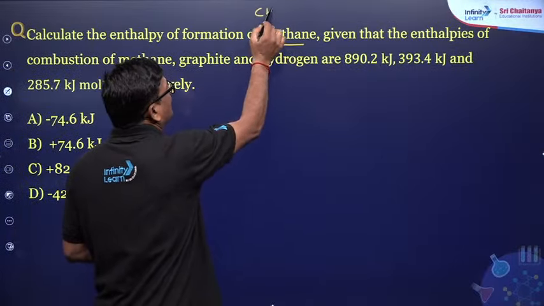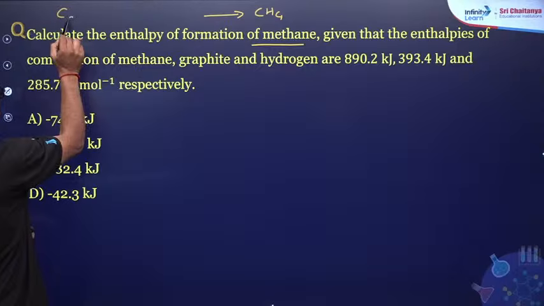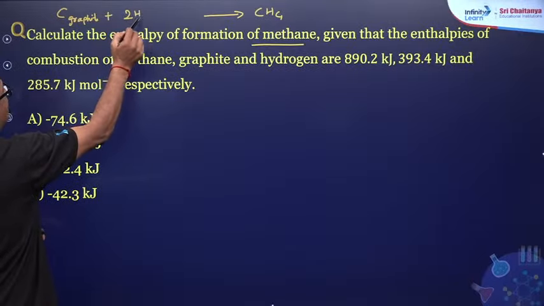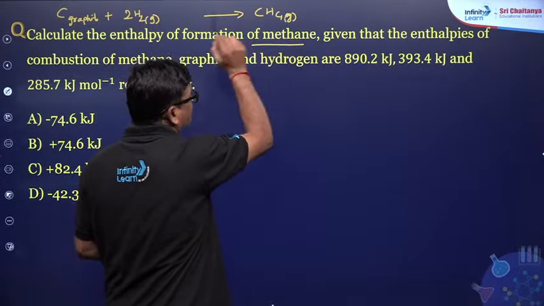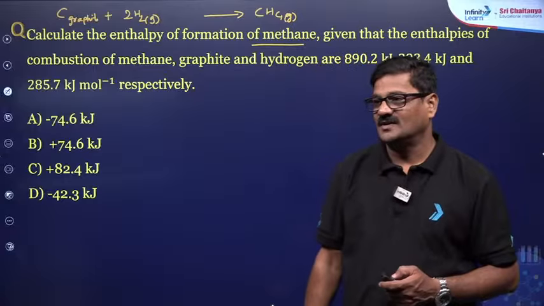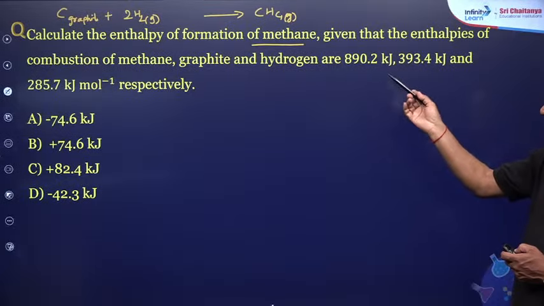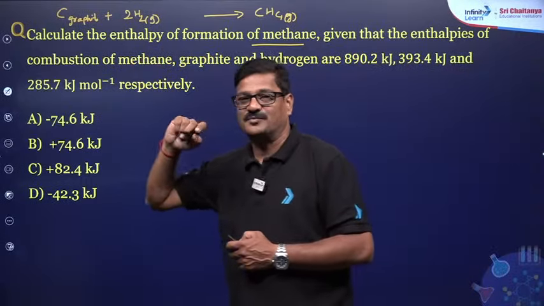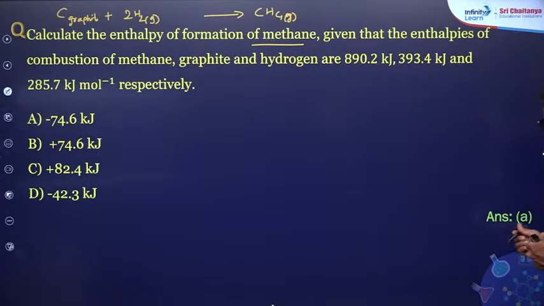For methane to form, what do we need? We need carbon graphite plus 2 hydrogen gases, so that CH4 gas is formed according to the definition. Next, given the enthalpies of combustion of methane, graphite and hydrogen, product minus reactant gives the enthalpy of formation, and I am going to get the answer here with that. You can see how it is.